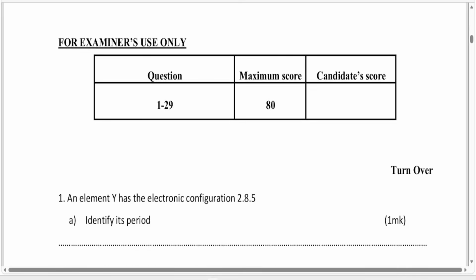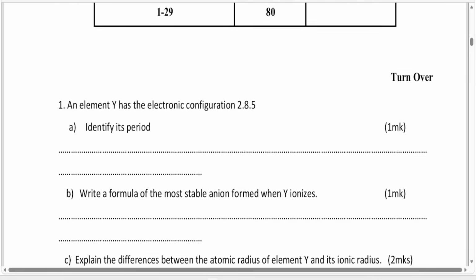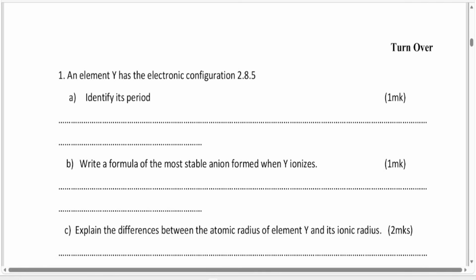Question number 1. An element Y has the electron configuration 2, 8, 5. Identify its period. Students, given the electron arrangement, it is very possible for us to identify the period of this particular element and as well identify the group.